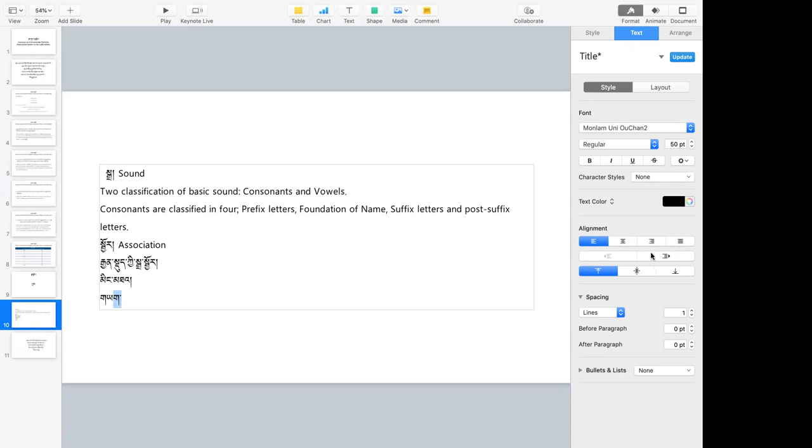So let me just highlight this. So we see that we have the suffix letter ka. In this case, we understand that this particular name has ka as a suffix letter. And in case there is ka as a suffix letter, this particular name will be followed by the particle kyang.